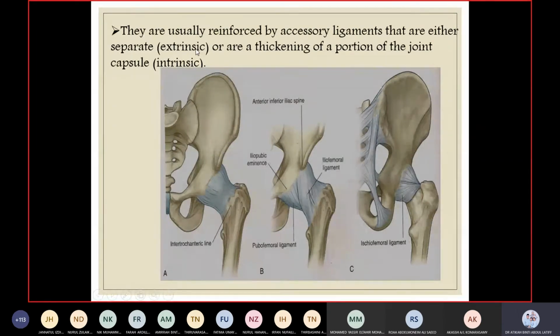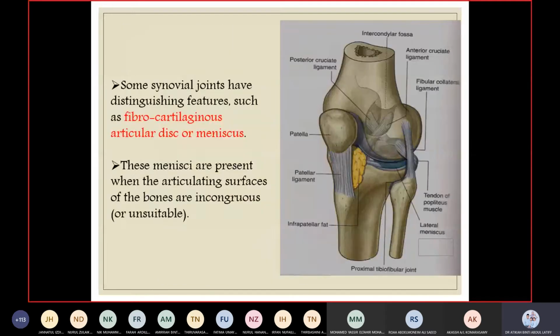And the extrinsic are at the outer parts, coming from elsewhere. Okay, supporting the joint. The more movement that the joint enables, the more ligaments there are, to prevent it from dislocating.